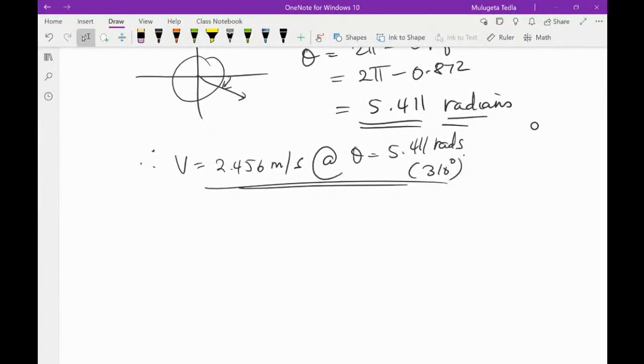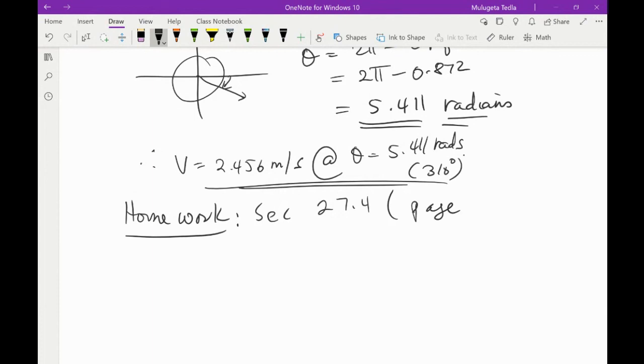So the homework here, first let me finish. Homework. Of section 27.4, a few questions I want to give you, page 847.